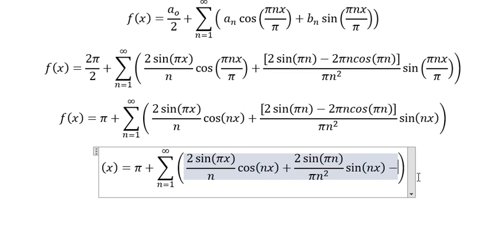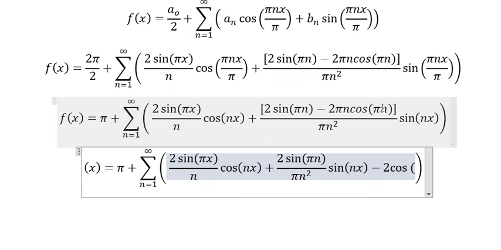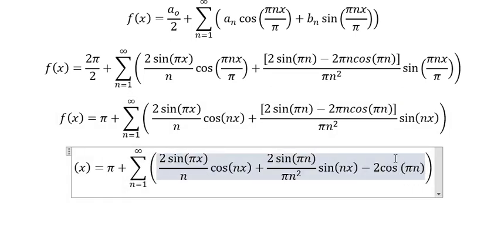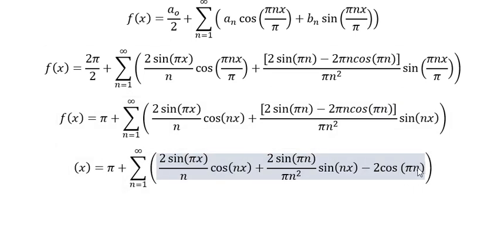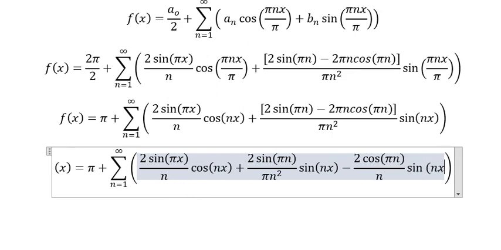And this one we have 2 cosine bn over n sin nx.